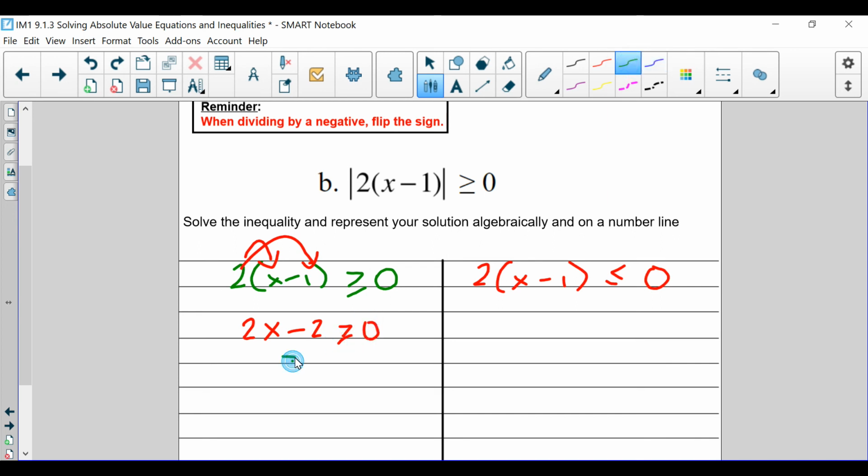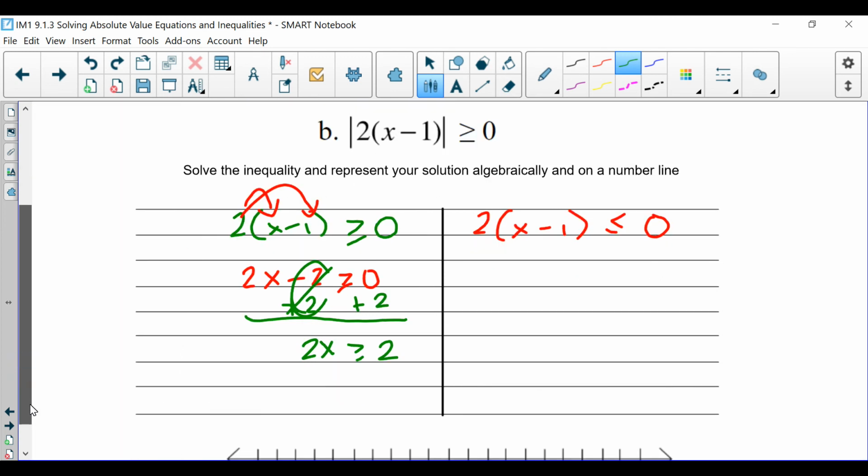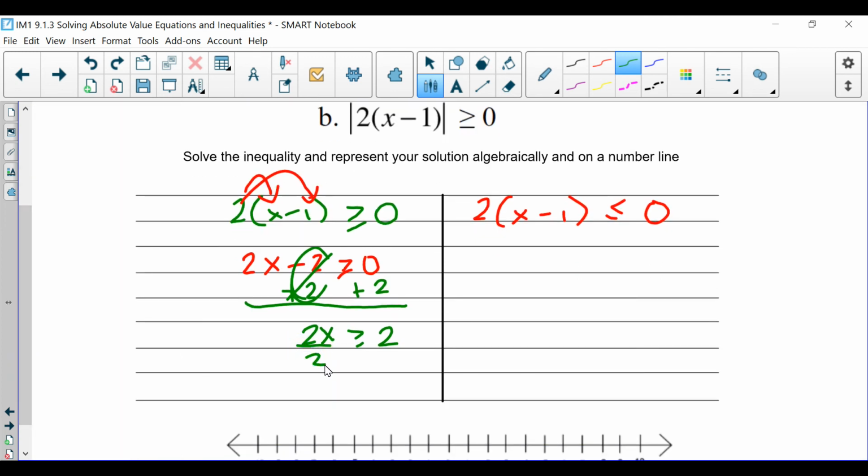Going to go ahead and add 2 to both sides. We end up with 2x is greater than or equal to 2. And then we go ahead and divide by 2. So we get x is greater than or equal to 1. Now we look at these cases over here.